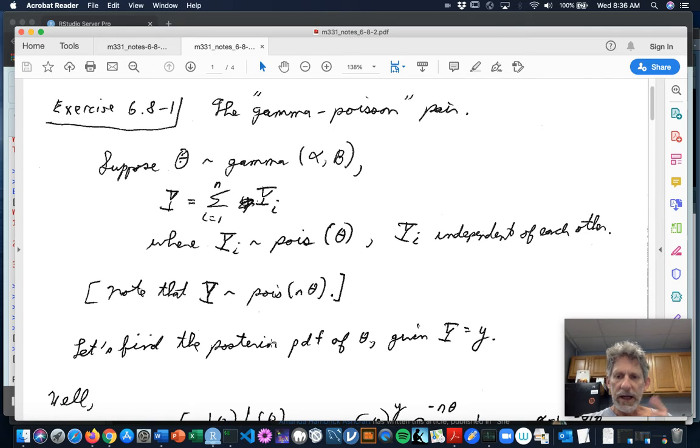And so given that data, let's say given that capital Y turns out to be little y, could you find the posterior PDF for theta?